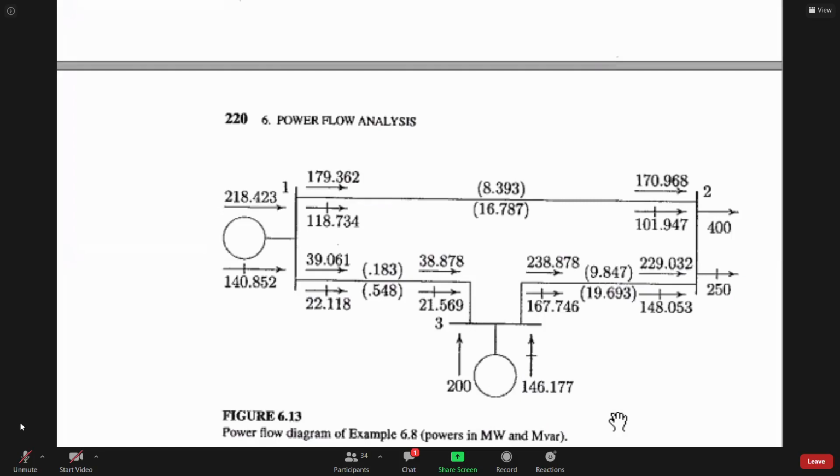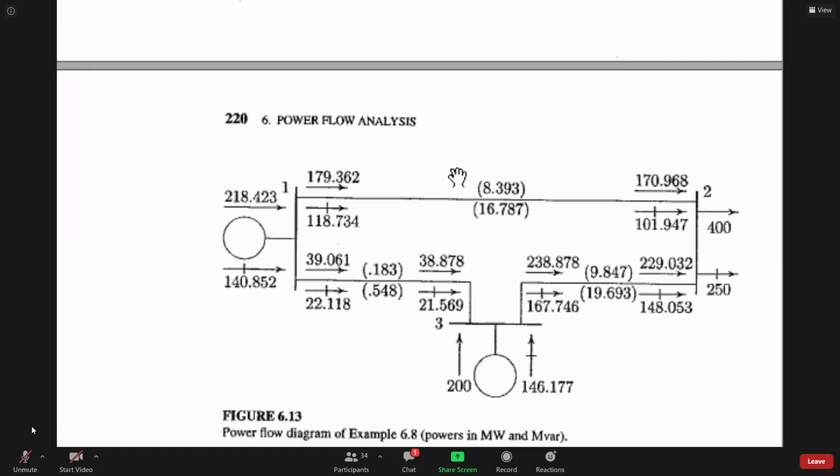And from that Y bus, by the inspection method, we can find Z bus. So Y bus, Z bus, the admittance diagram, impedance diagram. Now we just learned how to generate the power flow diagram. So this is the Z bus concept by inspection and the power flow diagram from observation.